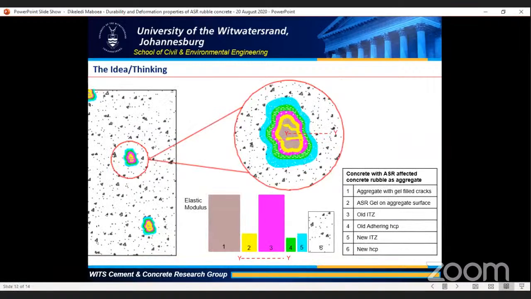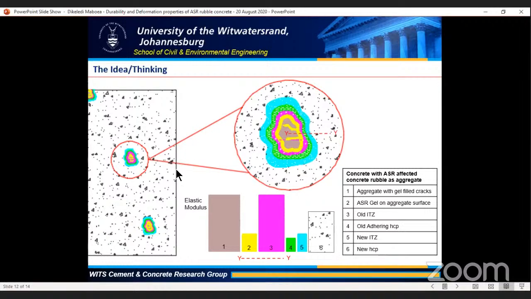For my PhD, the idea is to introduce multiple phases to concrete. So the phases will be what is listed there in the table. Because we would have found our rubble concrete, we would then crush it, like I said, either into coarse or fine material. Then we would mix that old aggregate with new material. So we would have a phase of aggregate with gel-filled cracks. We would then have an ASR gel on aggregate surface.